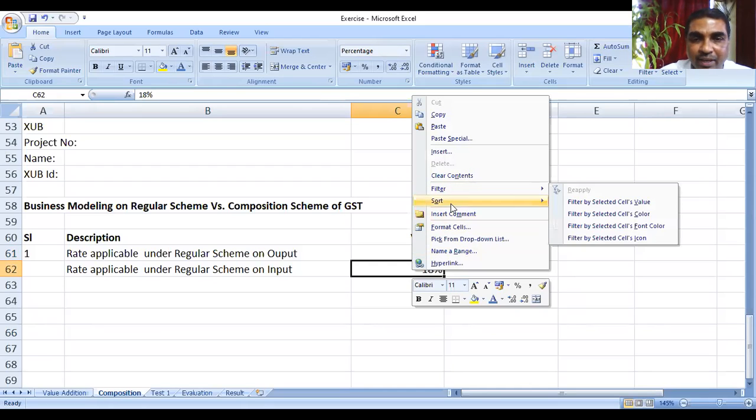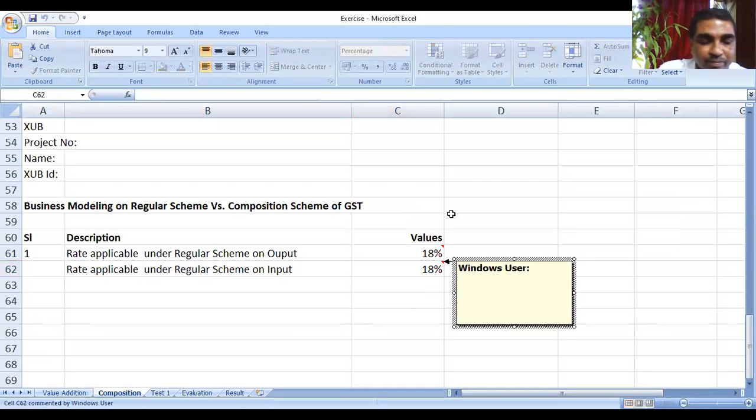So I am putting a comment here, insert comment: refer to the rate schedule or CBIC site, or if you're already having an invoice, you can refer to the tax invoice.